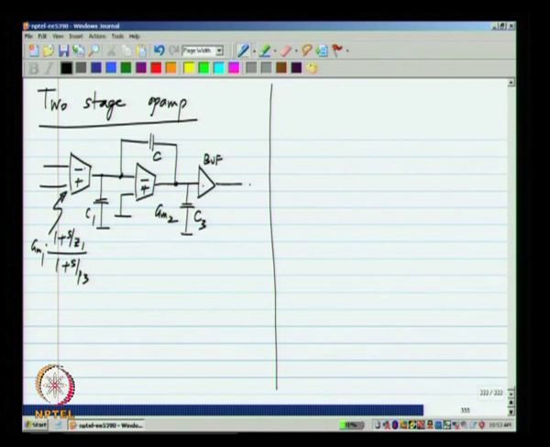Now, this part corresponds to whatever I have drawn in green in the previous picture.